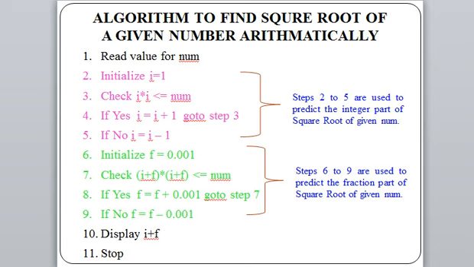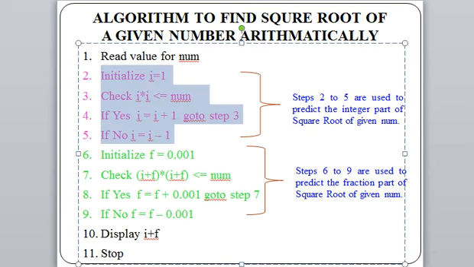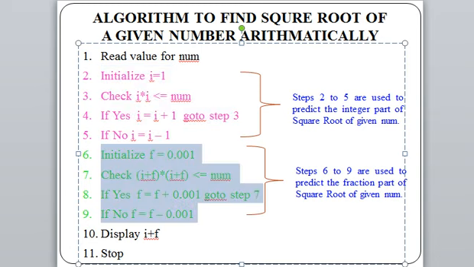So to compute the square root, let me consider the square root of 4. When you compute the square root of 4, these 4 steps are enough to get 2. In case I go for the square root of 10, the integer part is calculated by these 4 steps, that is 3, and the real or fractional part is computed by these 4 steps.